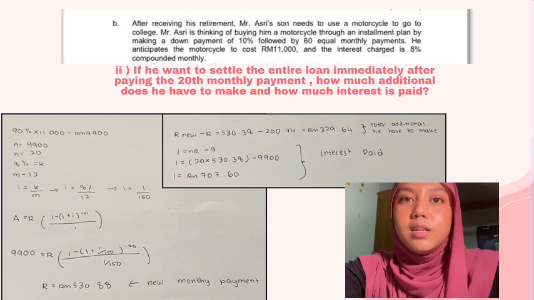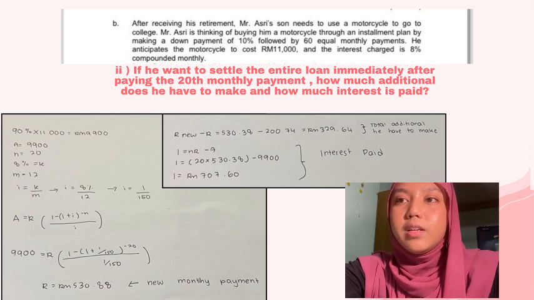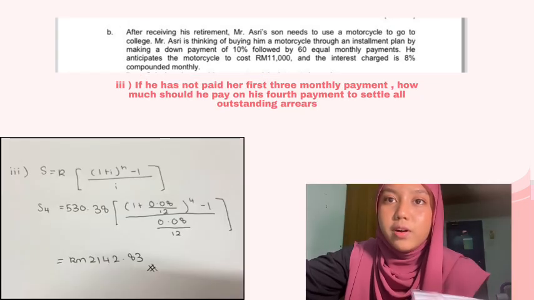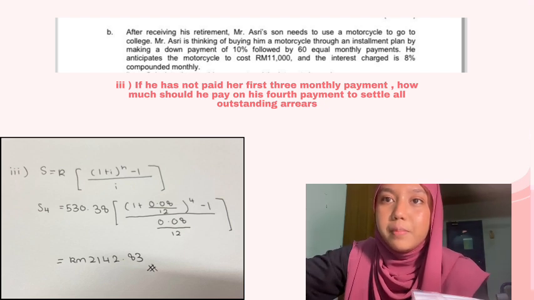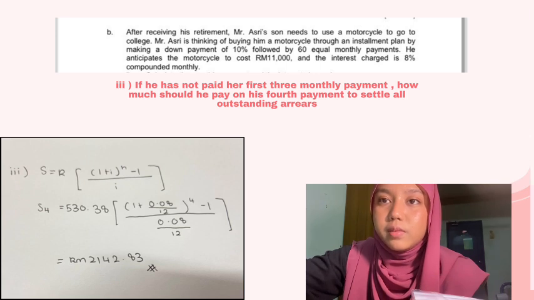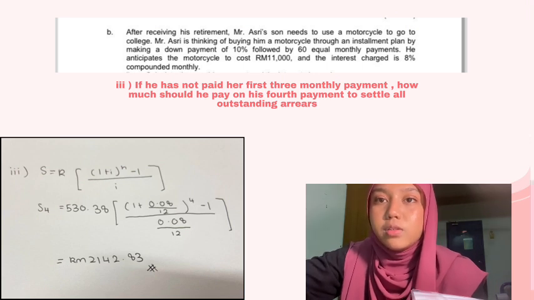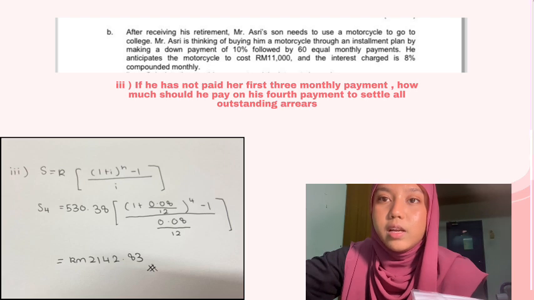So the final answer is I equals 707 ringgit 60 cents. So S4 equals 530 ringgit 38 cents, open the bracket, 1 plus 0.08 divided by 12 to the negative 1, divided by 0.08 divided by 12. So the final answer is 2,142 ringgit 83 cents.